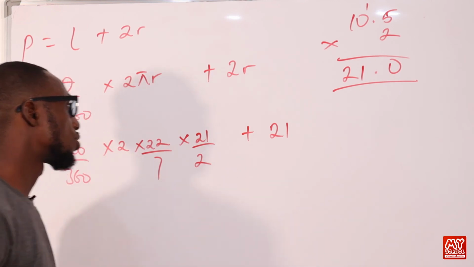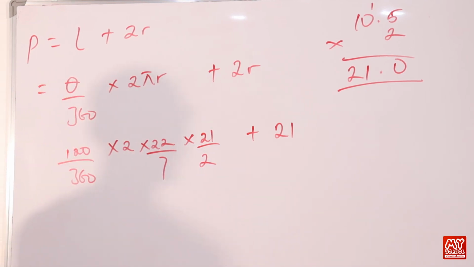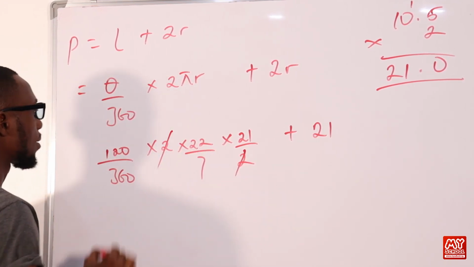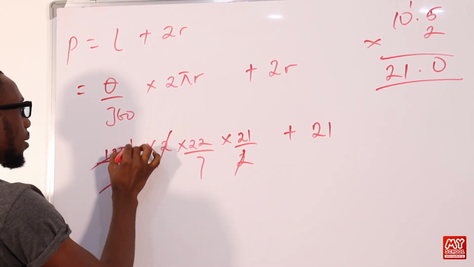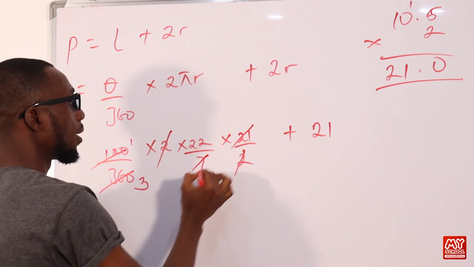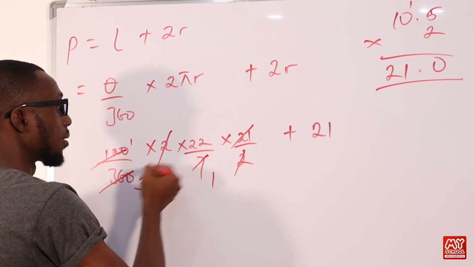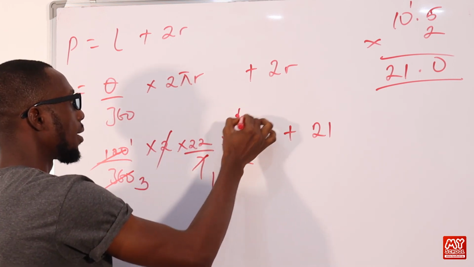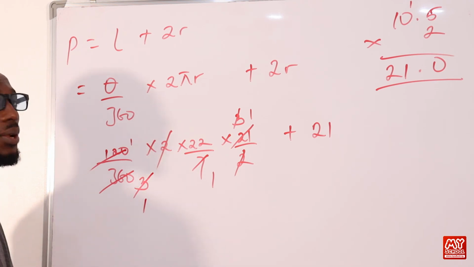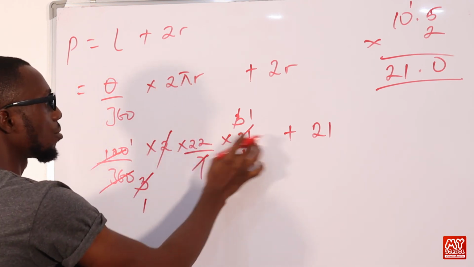So let's go back to the question we are solving. So I believe by now we can do simple cancellations. 2 strikes out 2, right? 3 into 21 is 7, 7 into 7 is 1, 3 into 120 is 1. So you can see basically what we have left is 22 plus 21.